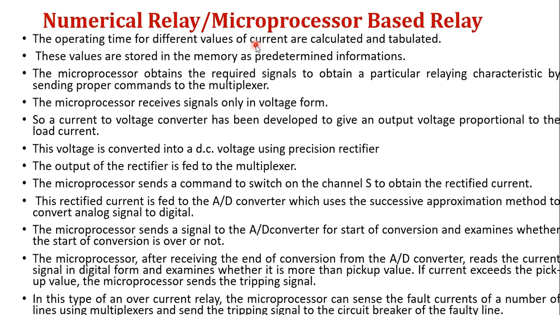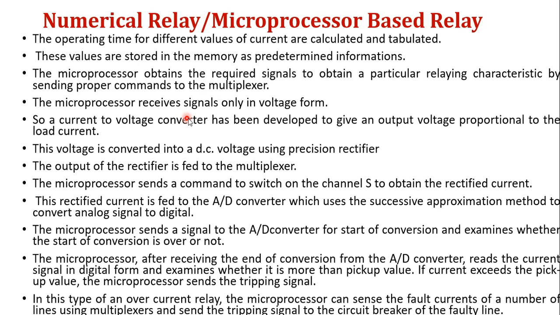The operating times for different values of current are calculated and tabulated. These values are stored in the memory as predetermined information. The microprocessor obtains the required signals to obtain a particular relaying characteristic by sending proper commands to the multiplexer.